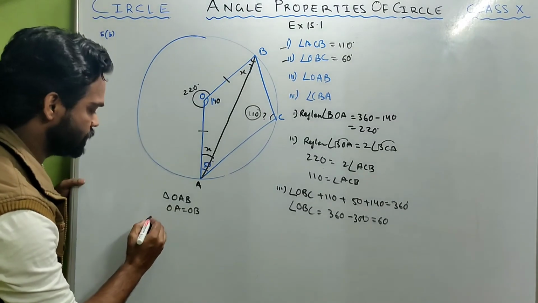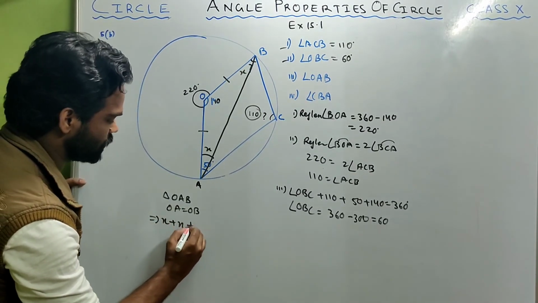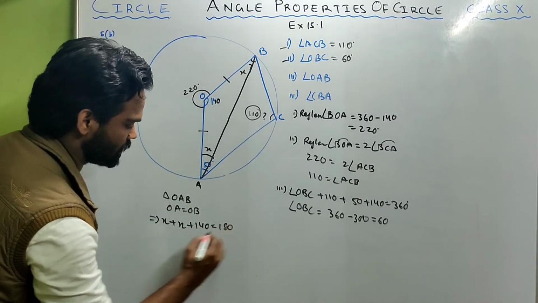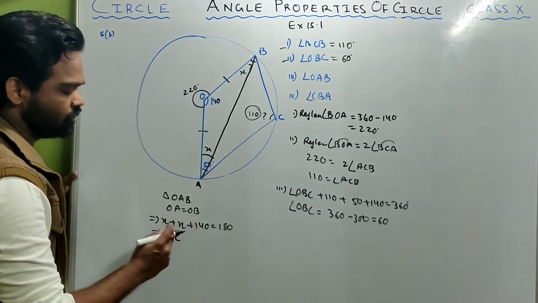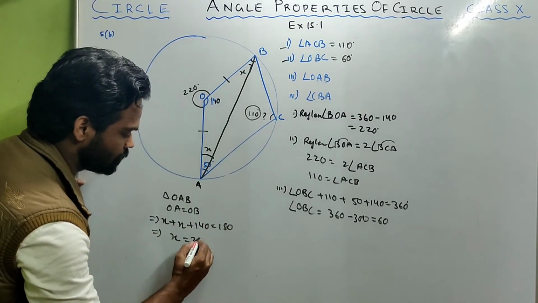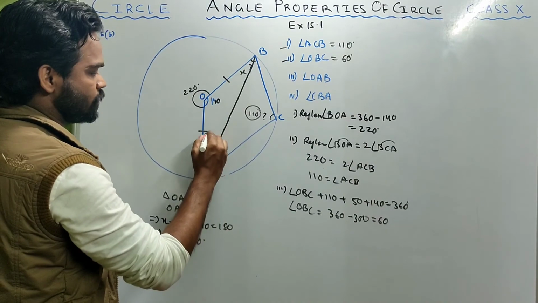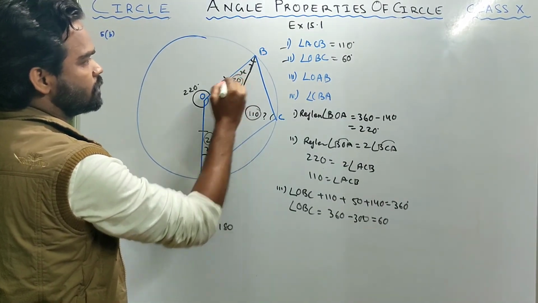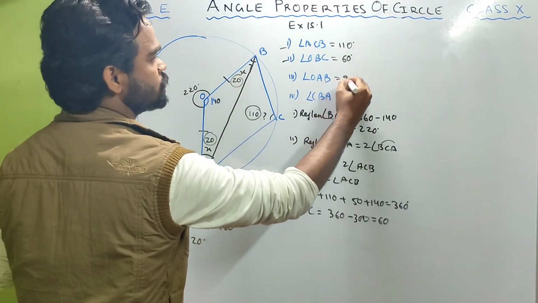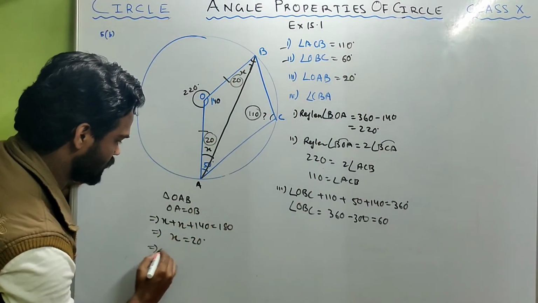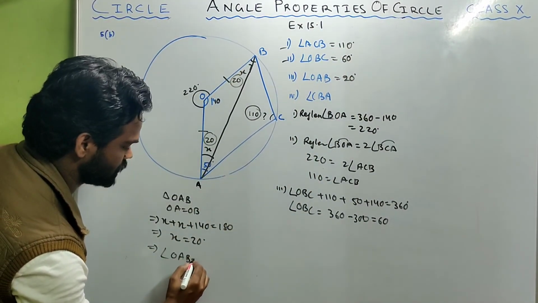Which means X plus X plus 140 equals 180, angle sum property, which means X equals 20 degrees. So angle OAB is 20 degrees.